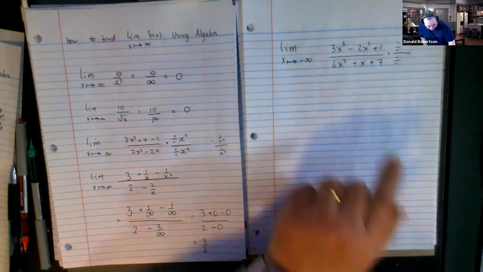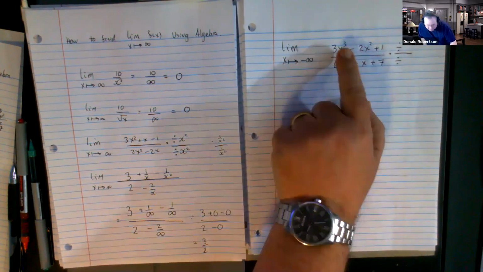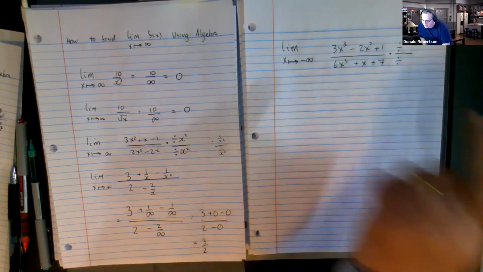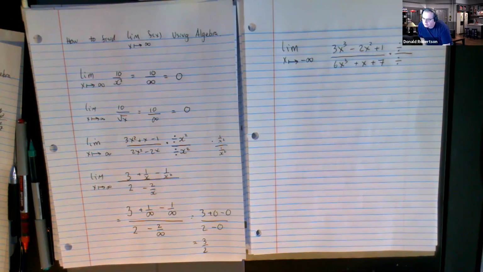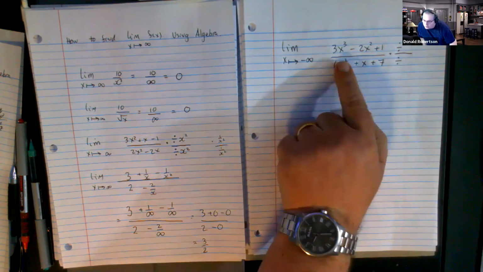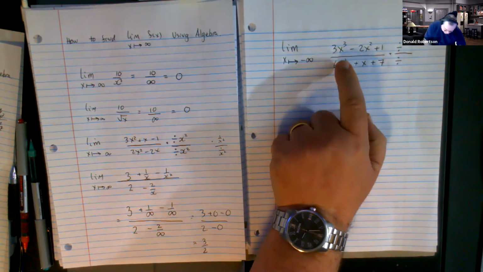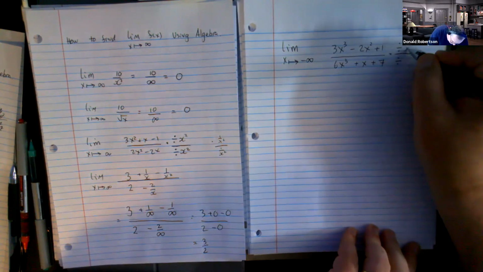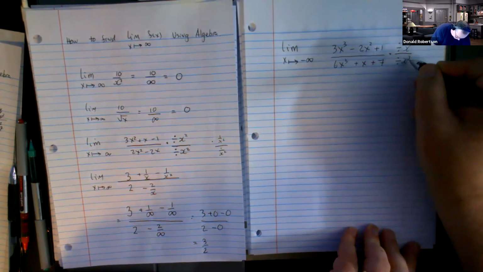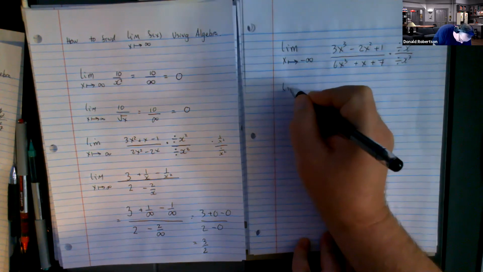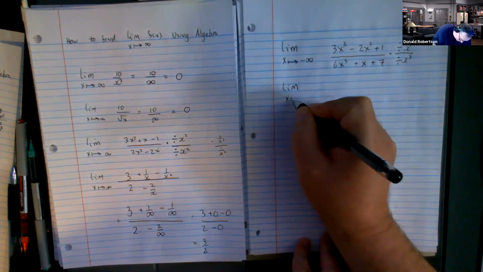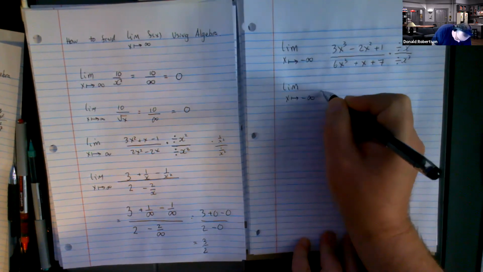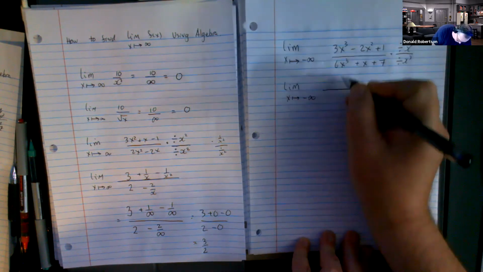So you look at the guy here and you look at the guy here. Would you agree that x cubed is the guy that I should be using? Right? Whatever the biggest power is, that's the guy I should be using. So I'm going to divide top and bottom by x cubed. So what we now have: that guy gets you 3.